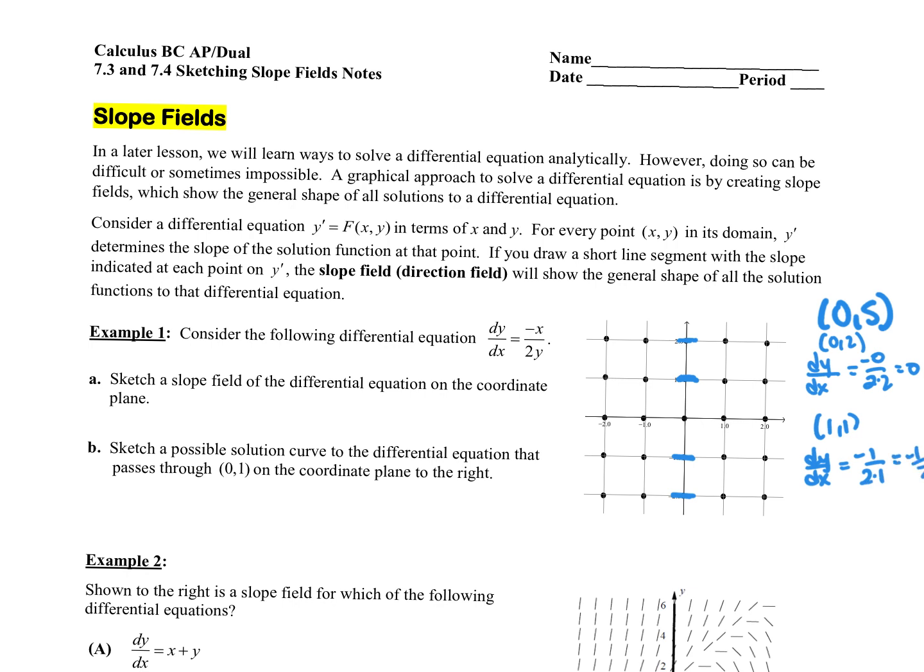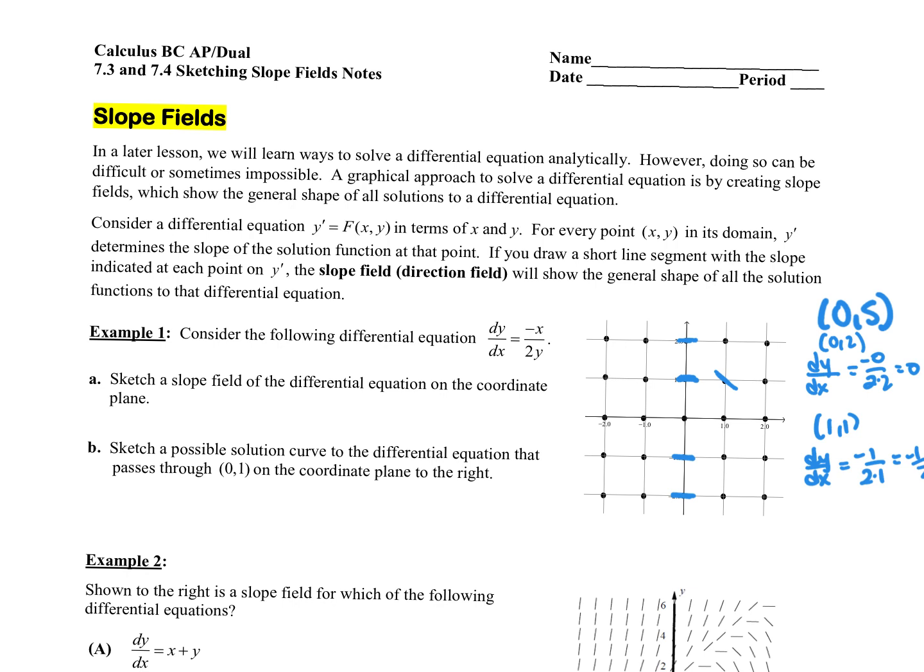So at 1, 1, the slope will be negative 1/2. So it'll look about like that. So what we're doing with a slope field is we're just drawing what the tangent line will look like at that point on the solution, right? On the solution that passes through that point. There's a solution that's going to go through this point, and that's what the tangent line will look at.